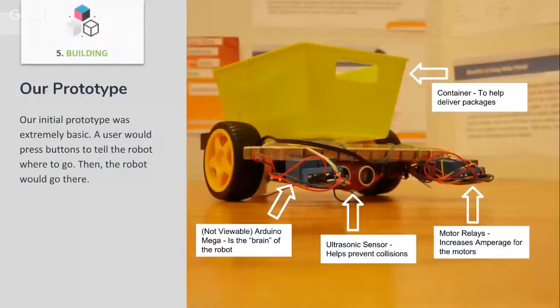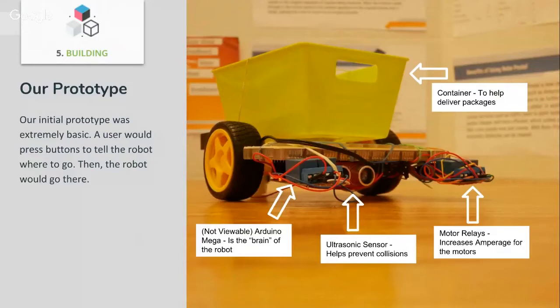Now they go through some feedback. Of course, this is the building step. They build a prototype, and they created multiple versions of it. They first built an initial prototype, which is extremely basic, with buttons on the robot. It's not like go left by 3 feet, turn right by 8 feet.